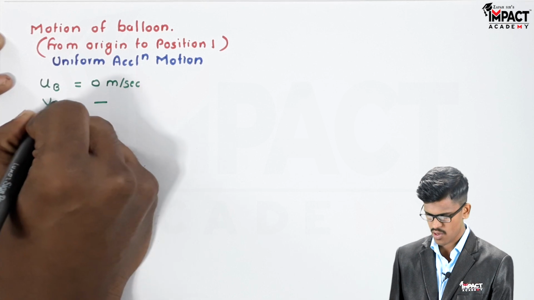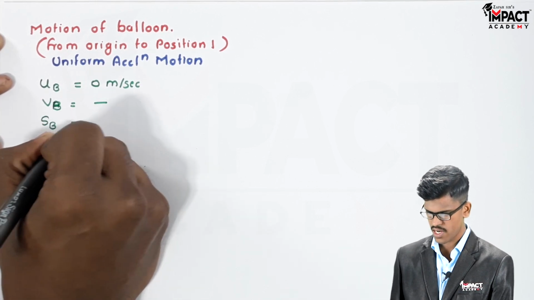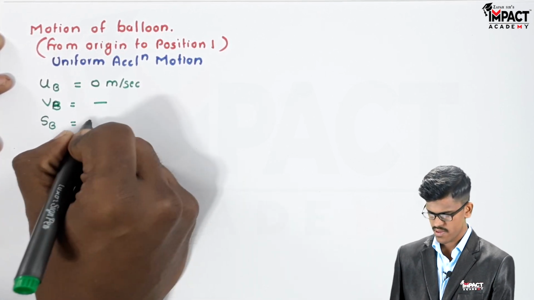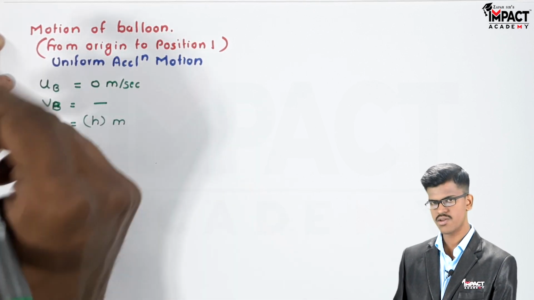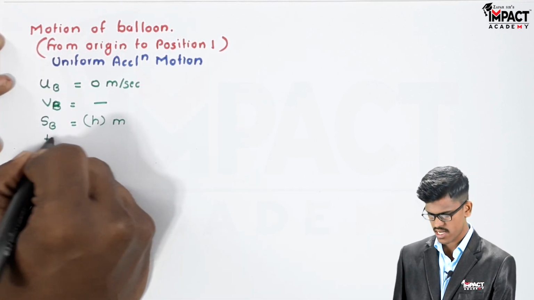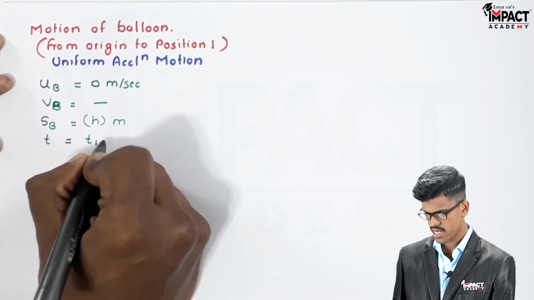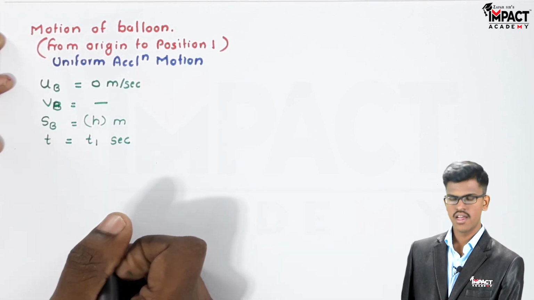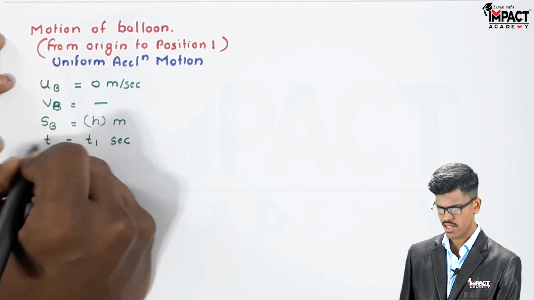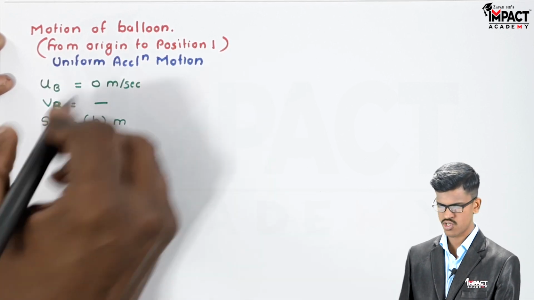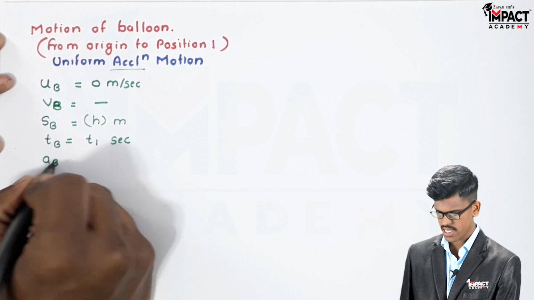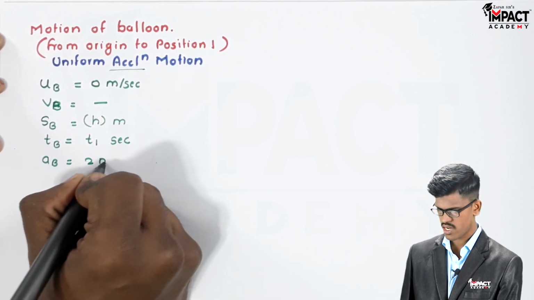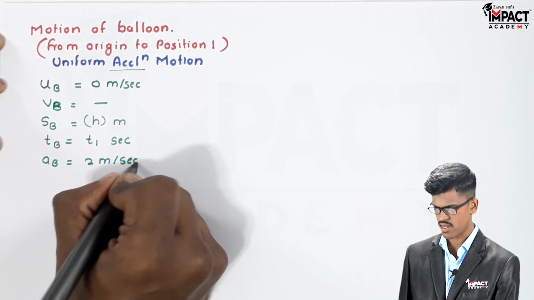The distance traveled by the balloon, or displacement of the balloon, is h meter, and the time required for the balloon to reach h is t1. Let's consider t1 seconds. It is a uniform acceleration motion, and the acceleration of the balloon is given in the question, that is 2 meter per second square.